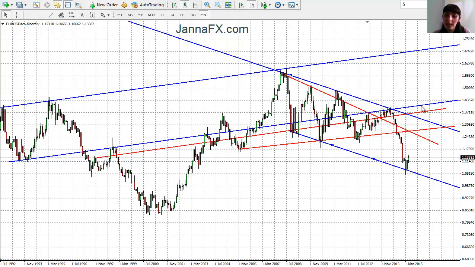You can see again that level was important. Now you can see how that level was important, and the market was slowing down around these two levels. Then it broke that level and continued down, and it went to there.